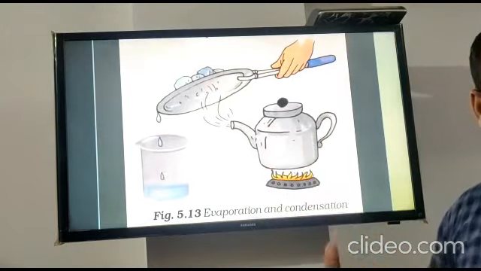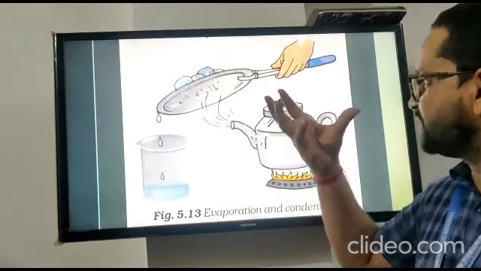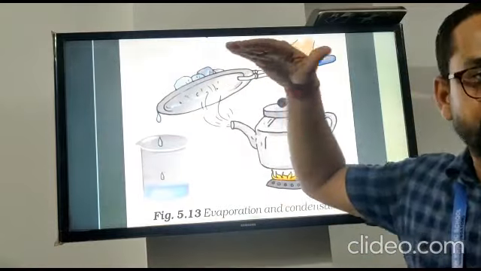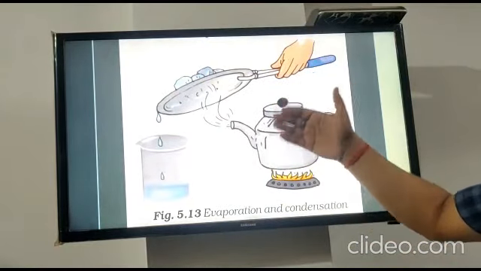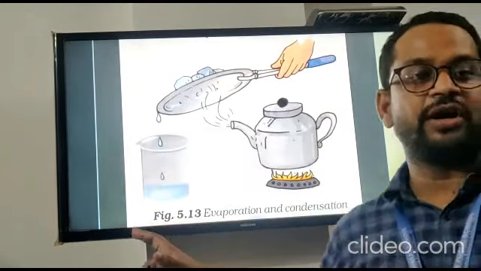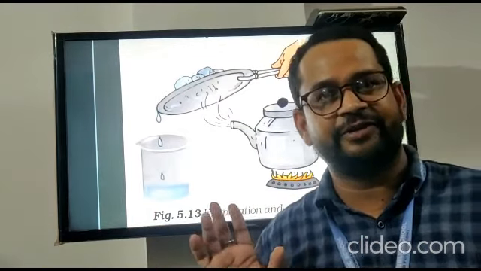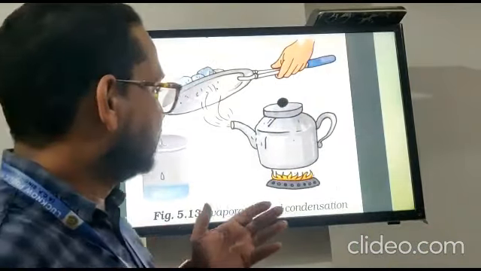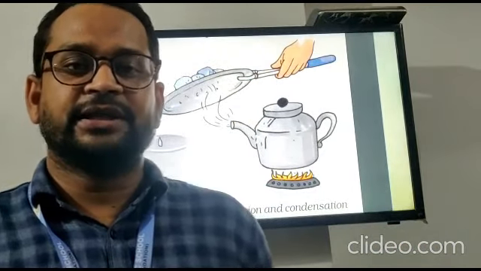When we boil the water, evaporation starts, and then with the help of ice, the process of conversion of water vapor into liquid form is called condensation. Clear everyone? That is all the activities which are used for the separation of substances. Okay, thank you very much.